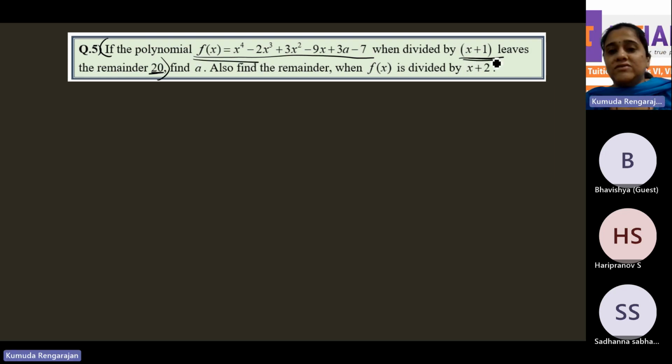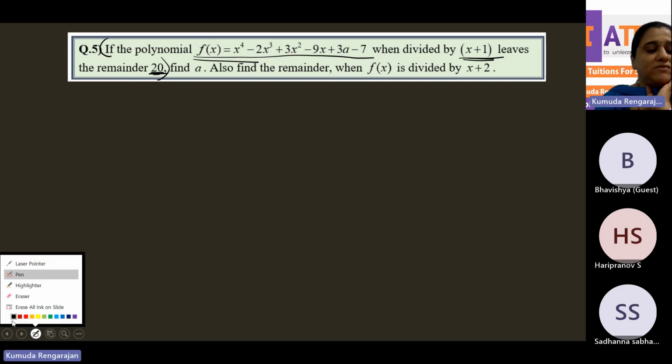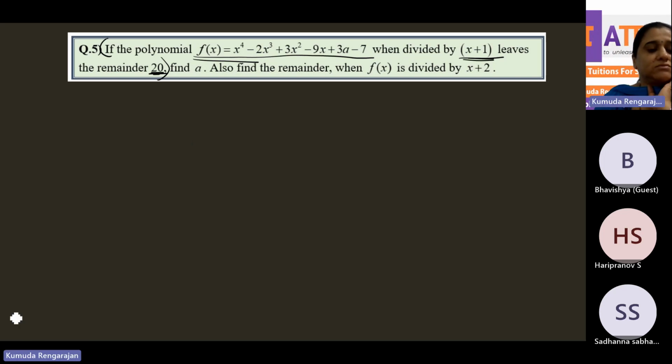This is the divisor, and this is the remainder. I want a simple condition. Meaning, all this information, put it in a simple equation using the remainder theorem. All of you think.